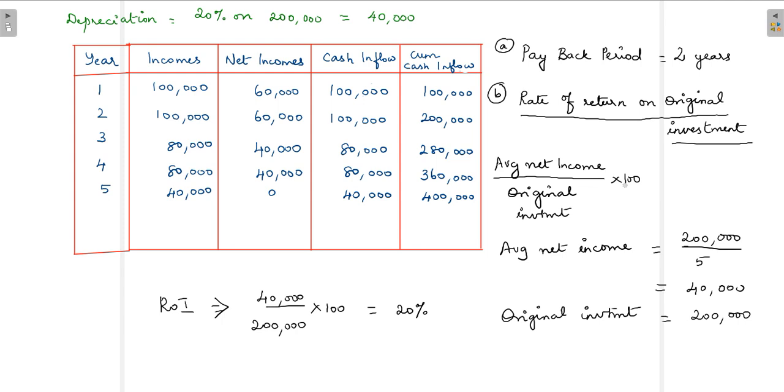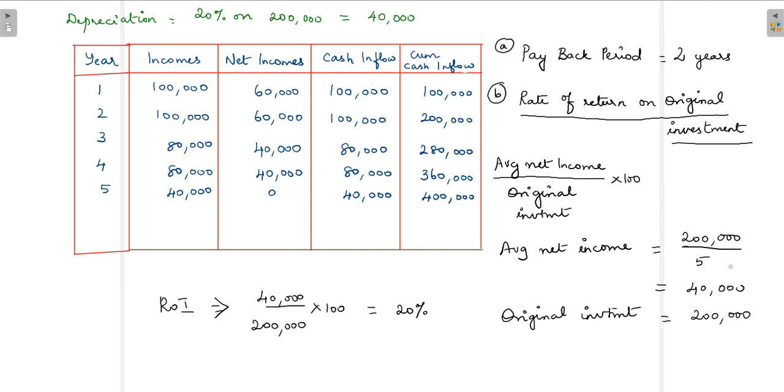The second thing that we are finding is the rate of return on original investment: average net income divided by original investment. Okay, you have to add the third column. 60 plus 60, 1,20,000. 1,20,000 plus 40 is 1,60,000. 1,60,000 plus 40 is 2 lakhs.